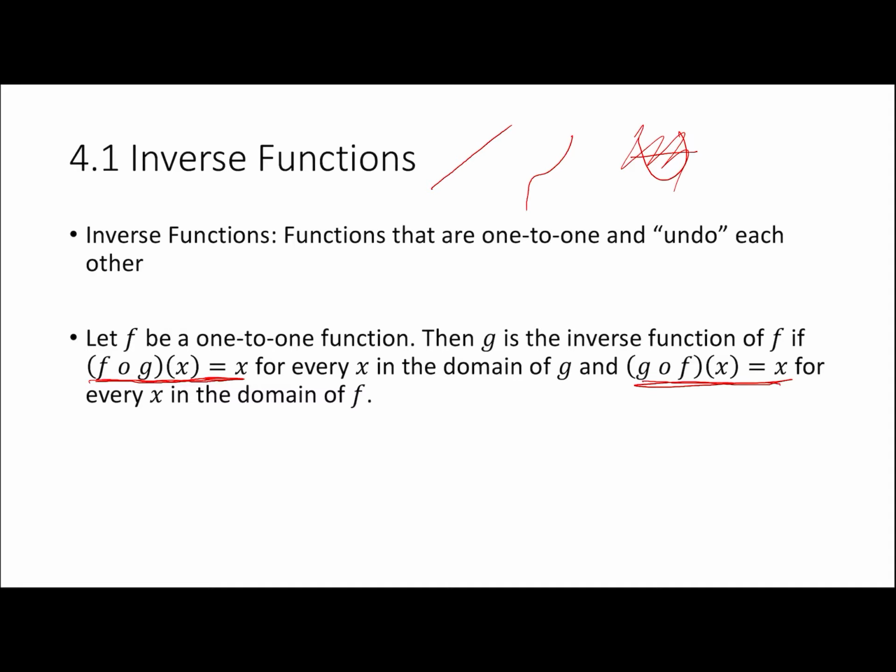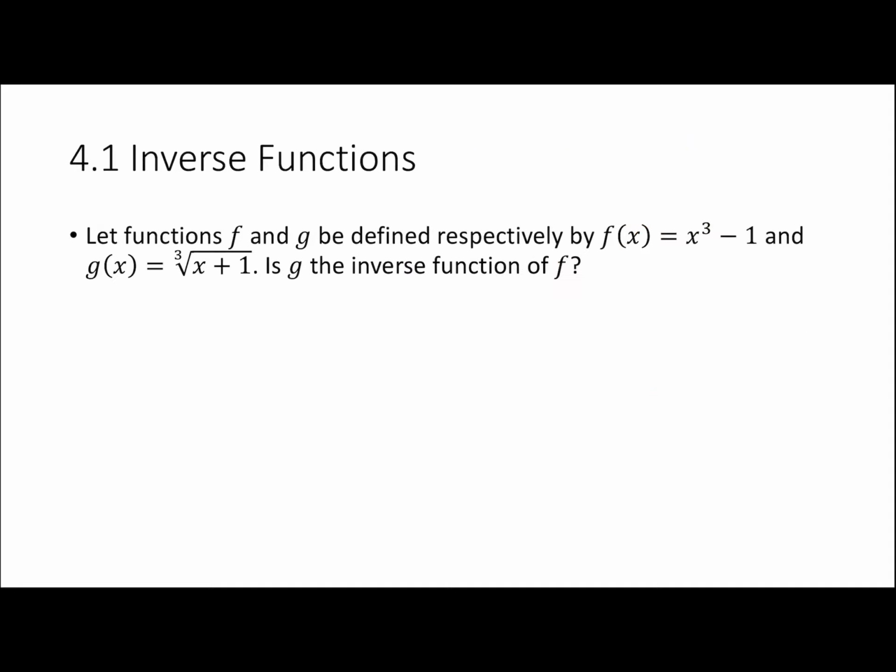Okay, so what we want to do is show that when we do the compositions, we put one function into the other, it's going to give us x. And when we do that from function f going into function g, and then function g going into function f, they both should give us that x. So let's try this and see how it works.